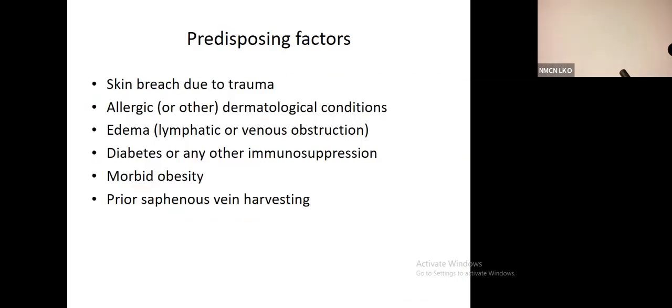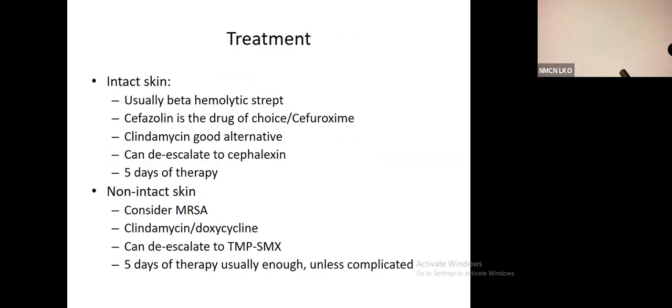Now, predisposing factors for cellulitis may be skin breach, allergic dermatological conditions, edema, diabetes, morbid obesity, prior pregnancy, and so on. Treatment, if it is exact skin, usually beta hemolytic streptococcus, cefazolin is the drug of choice. Cefazolin is a first generation drug.